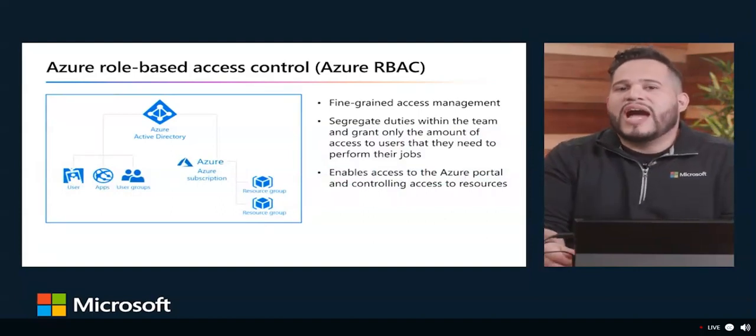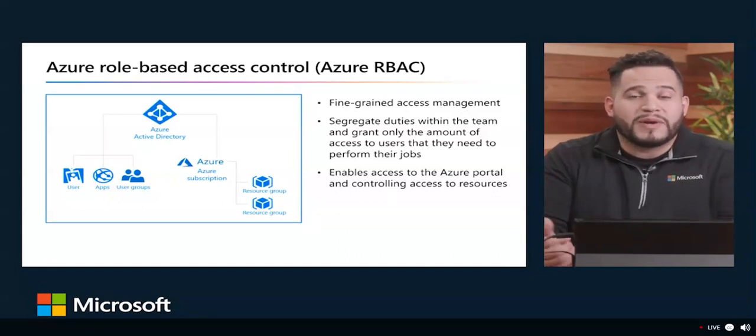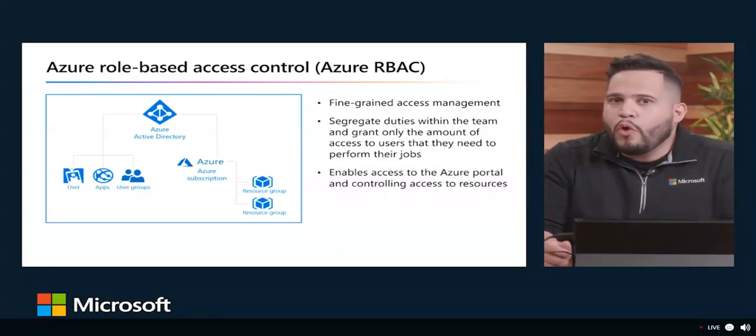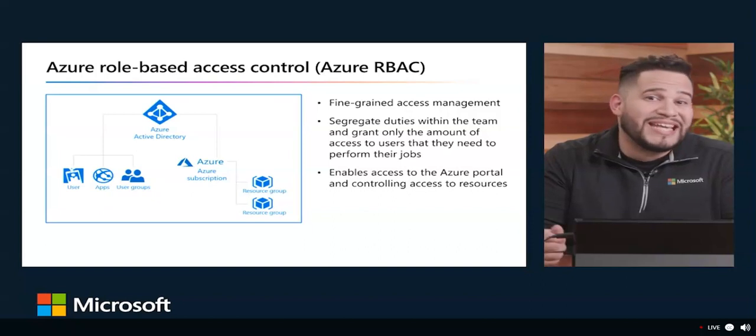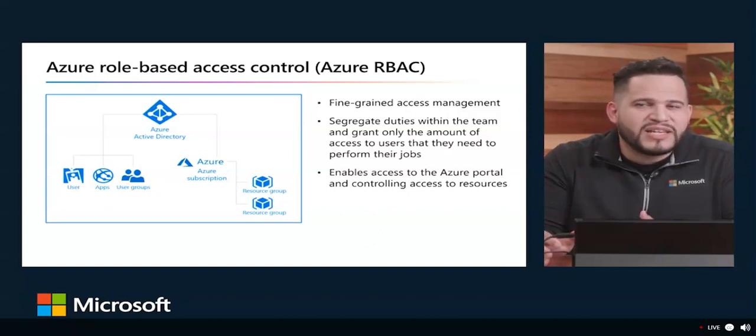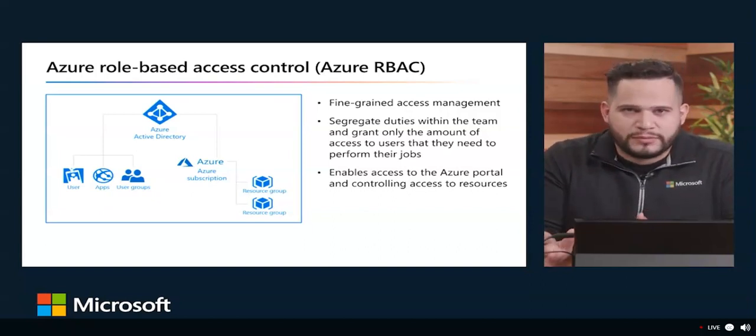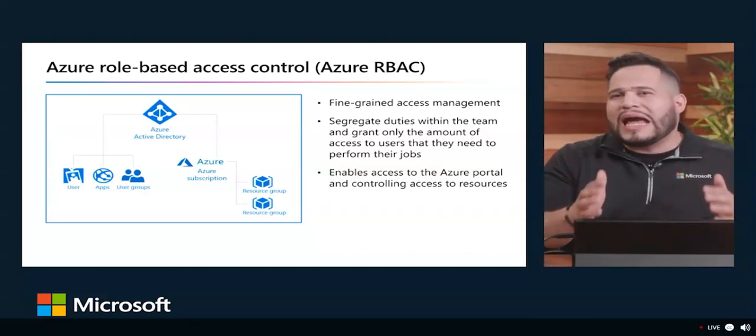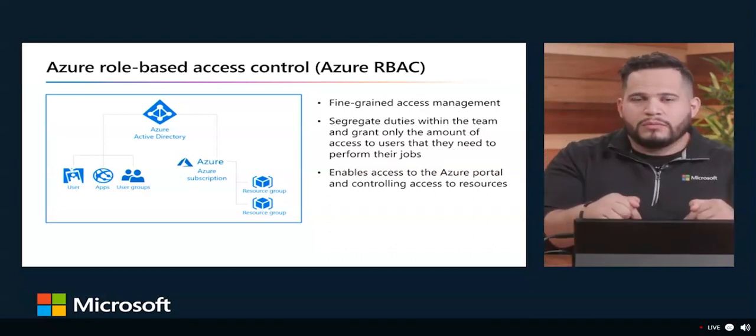Now, remember how I told you Azure Active Directory can help support your roles by assigning them? Well, role-based access control, or RBAC for short, think of this as your authorization, right? What are you allowing your users to do now?